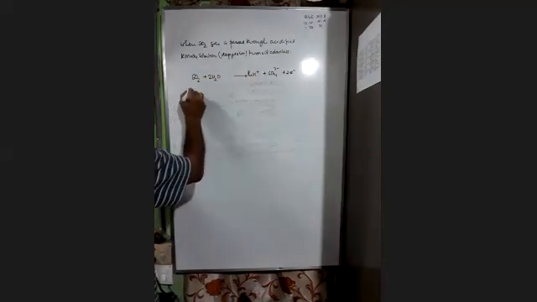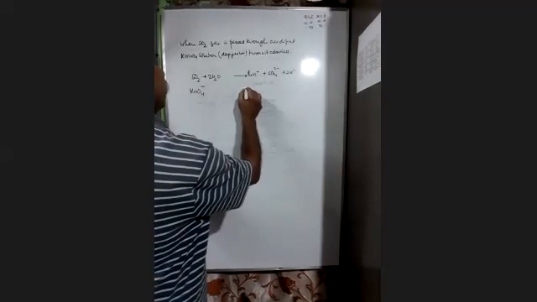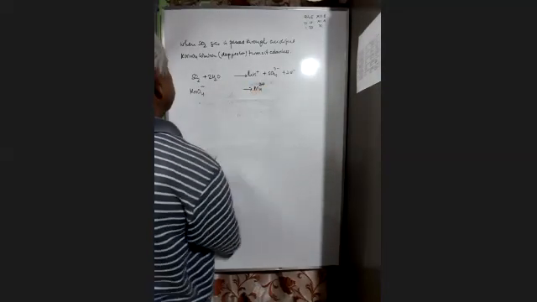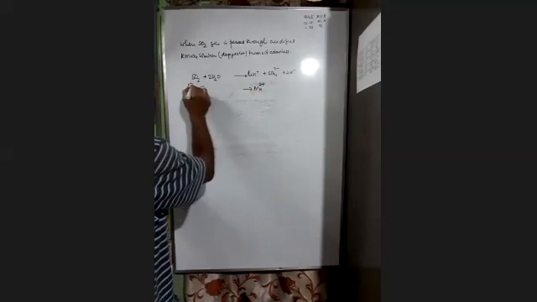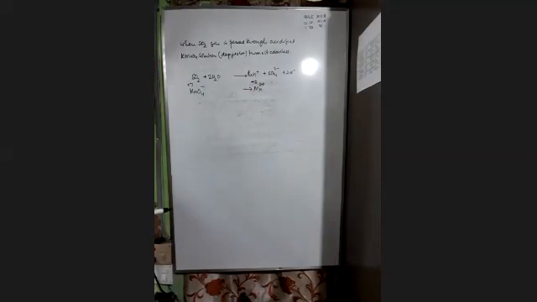See now, this is manganese. Formula of potassium permanganate is KMnO4. So it is going to react with permanganate, which is violet in color, and it becomes colorless Mn2+. So it forms always in acidic condition. This is +7 and this is +2. So this is colorless and this is violet.